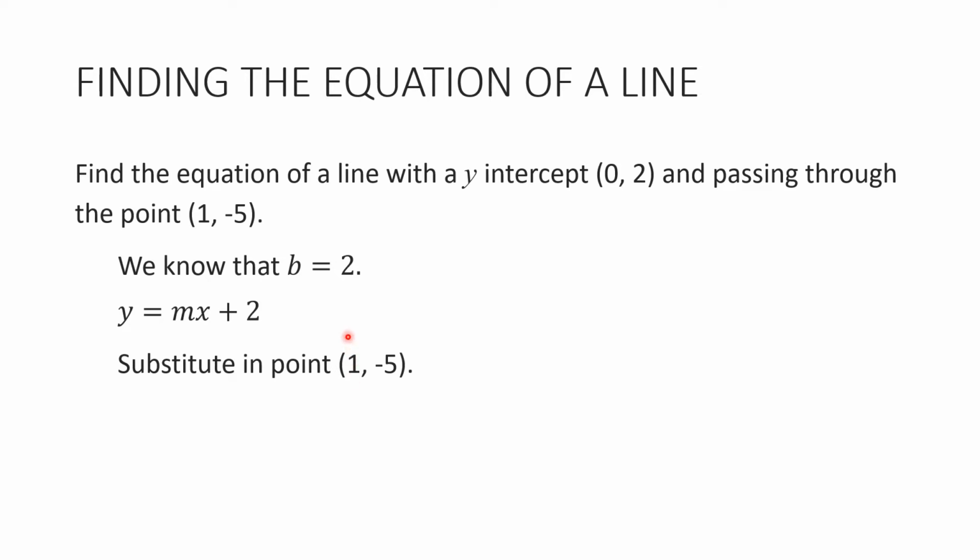Now remember, this is the x coordinate, so that's going to go in there, and this is the y coordinate, and that's going to go in where the y is. So -5 is equal to m multiplied by 1 plus 2. And so m is going to be equal to -5 take away 2, which is -7. And now we're ready to write our equation of a line. y is equal to -7x plus 2.